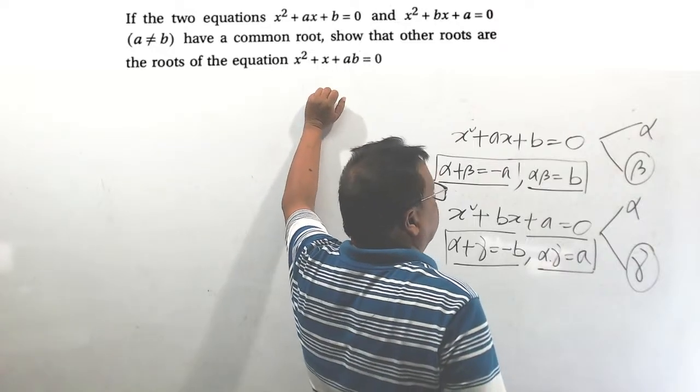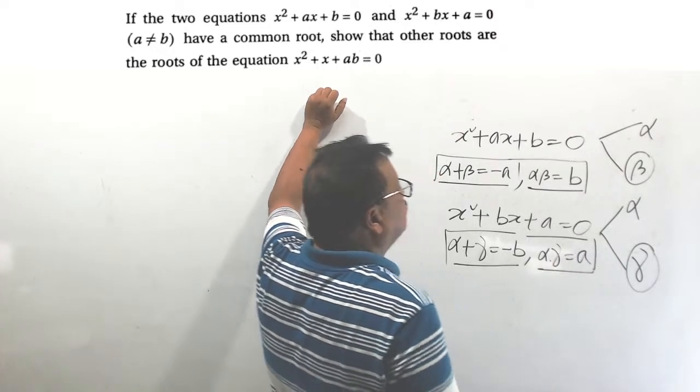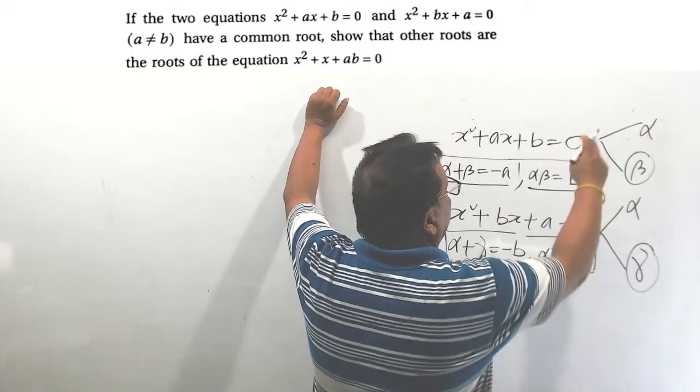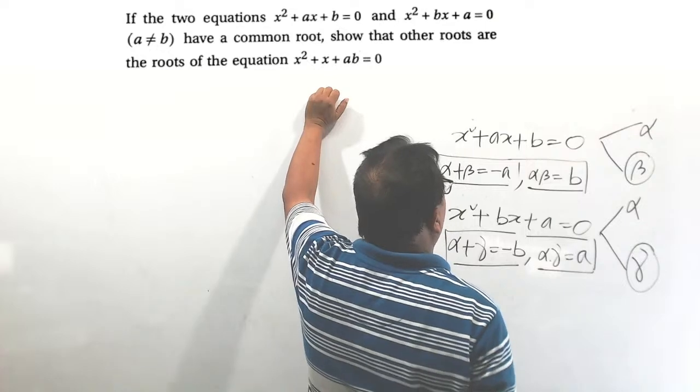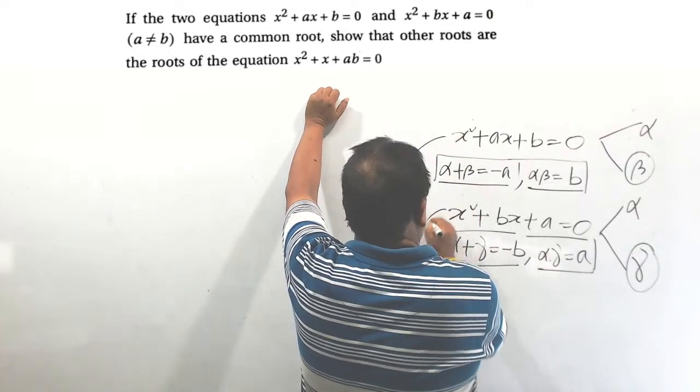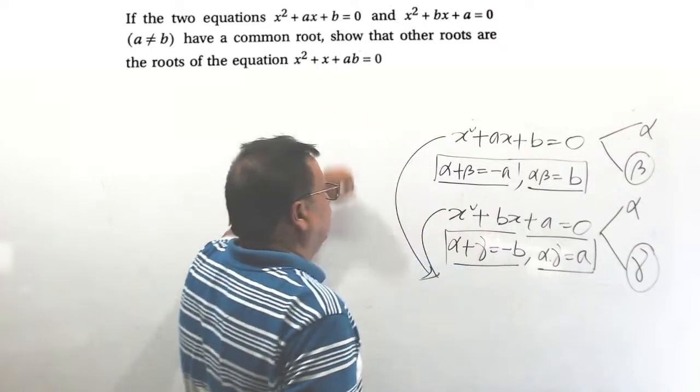How will you find them? There is one condition remaining, the common roots condition. Alpha is the common root, so these two equations will be satisfied by alpha.